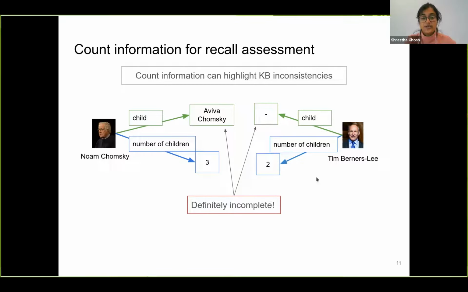As we saw earlier, the number of children predicate for Tim Berners-Lee is populated and we know that he has 2 children, but the names are unknown. For Noam Chomsky, we know both the predicates. However, there are some inconsistencies. We know that he has 3 children, but only the name of a single child is known.